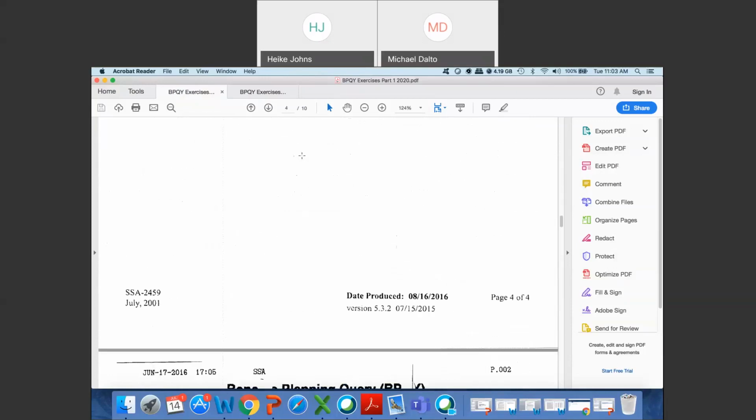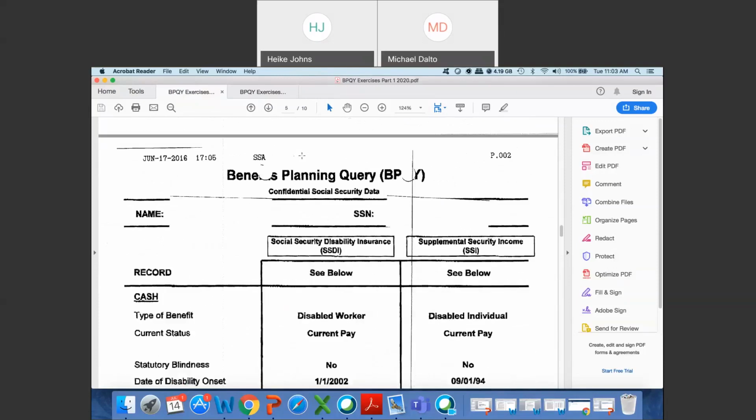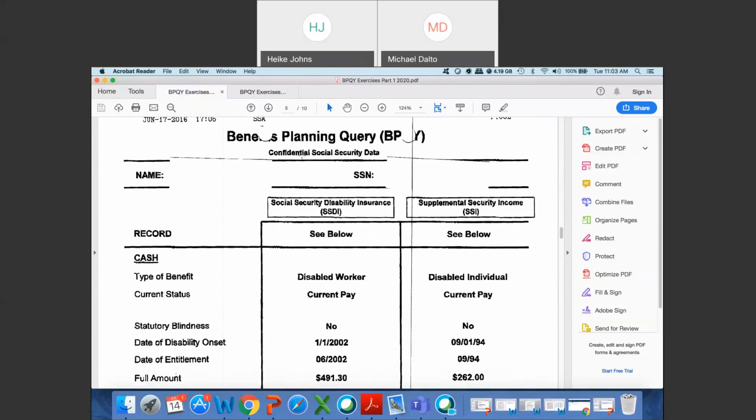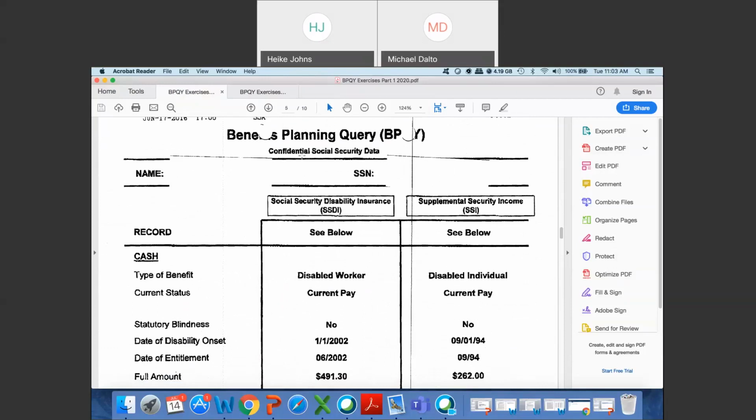So we're going to move on to another BPQY. This one is for a person who's a concurrent beneficiary, somebody who's getting both Social Security disability and SSI. So there's going to be valuable data in both columns in this BPQY, the SSDI column and the SSI column.